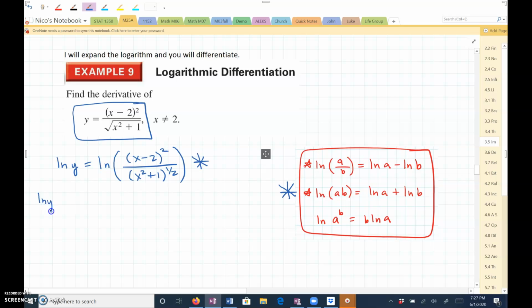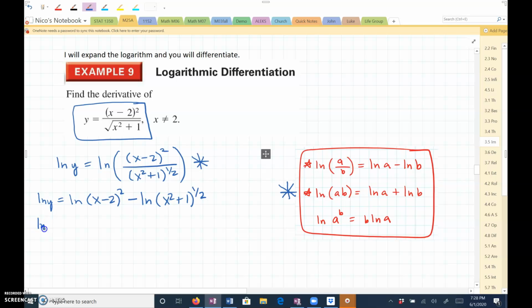So the natural log of y equals the natural log of this numerator here, which would be x minus 2 squared, and then the division here will tell us minus the natural log of x squared plus 1 to the 1/2 power.